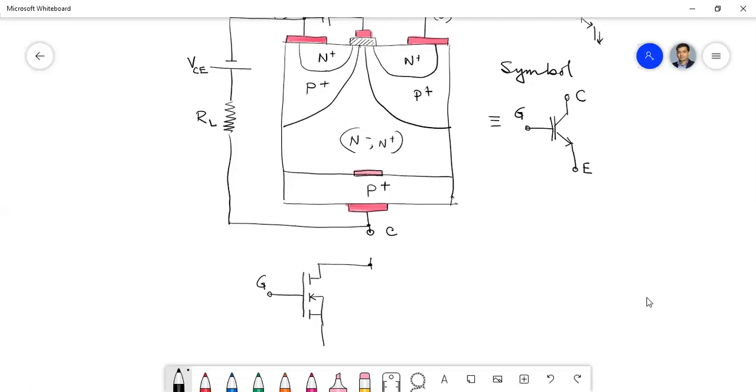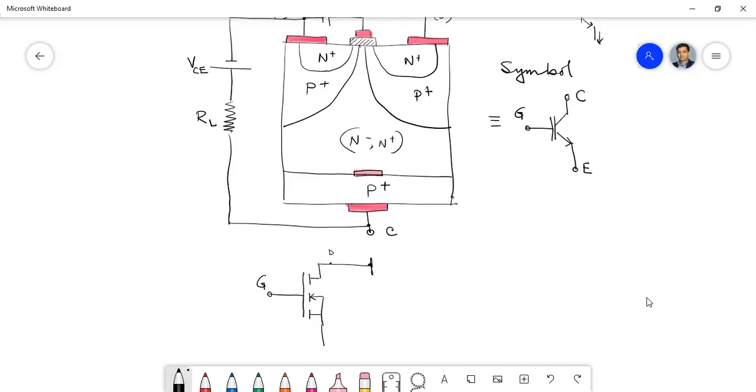Okay, so a PNP. Which PNP? This terminal is basically the drain, isn't it? Drain or source? Drain. Now, drain means which substrate for this particular device? P plus, the lower portion, isn't it?